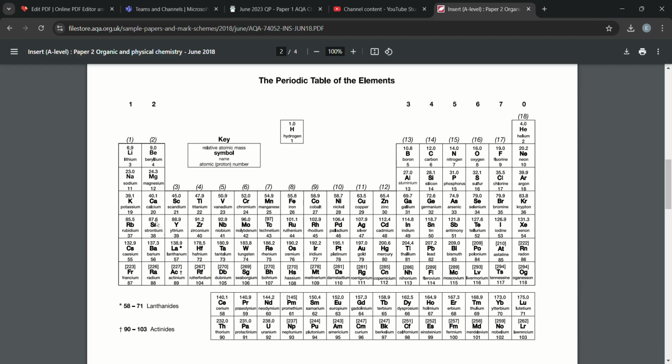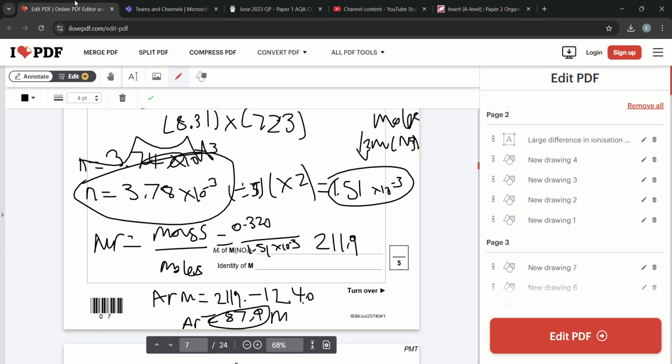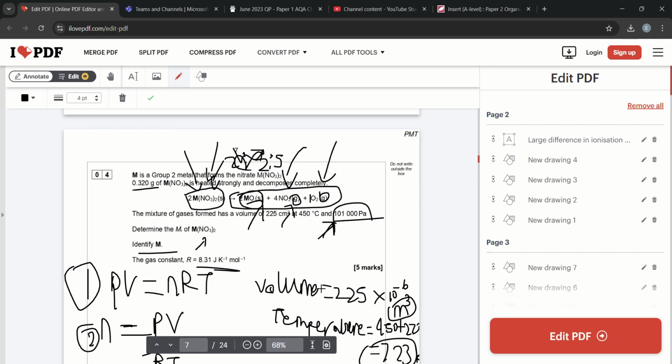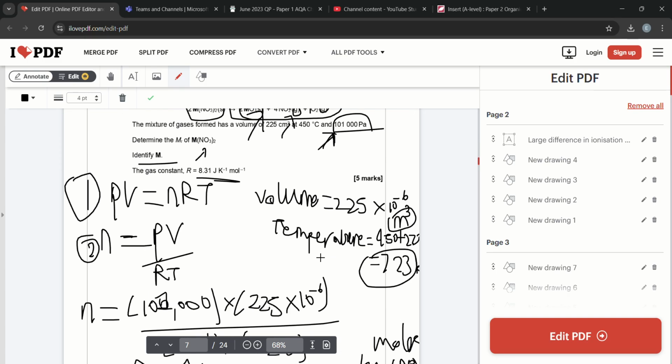But here we've got strontium, 87.6. That is really similar to 87.9, only 0.3 away. So therefore the element is strontium, which is Sr. And that's it. 5 marks.